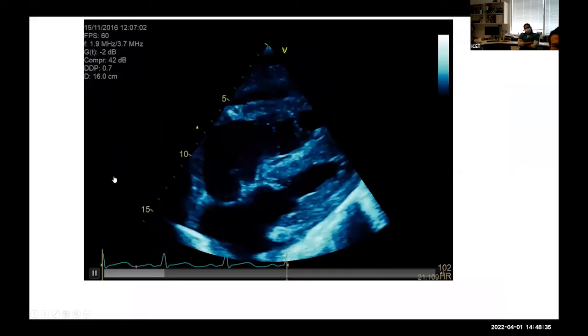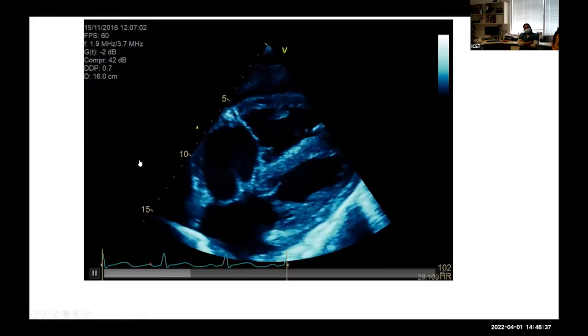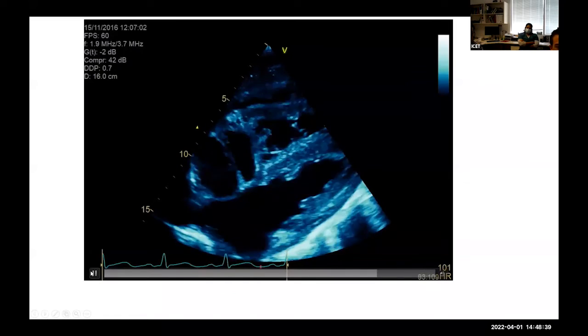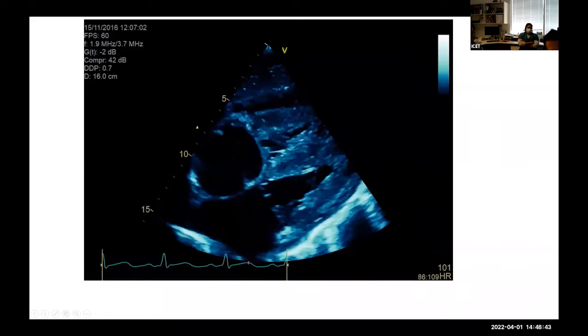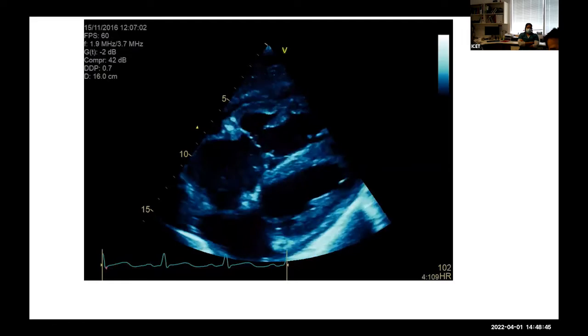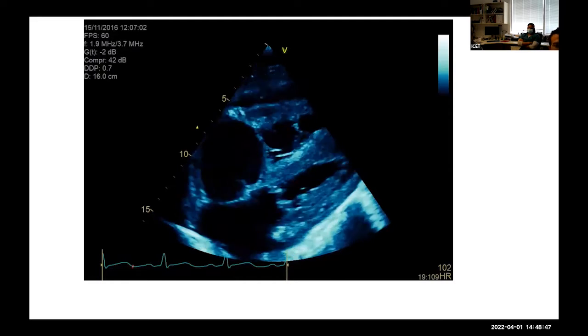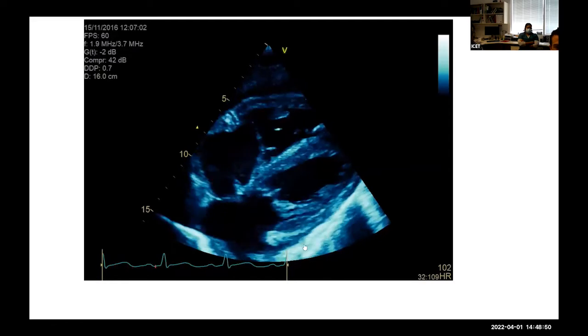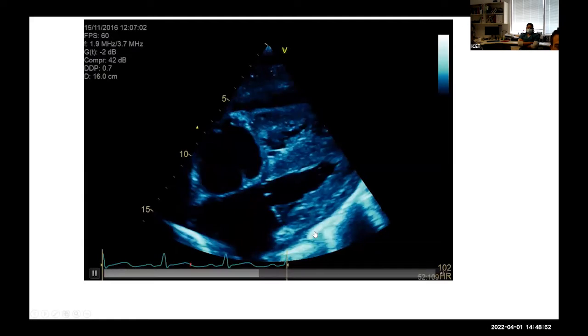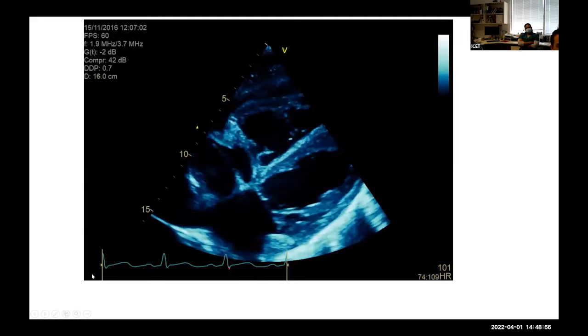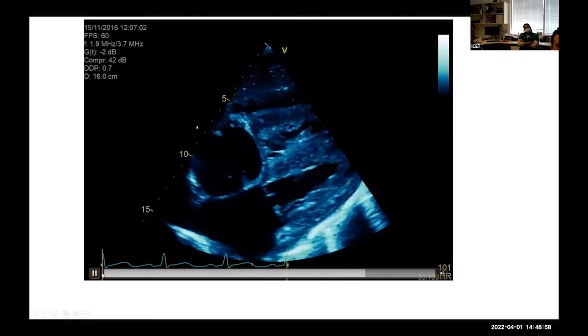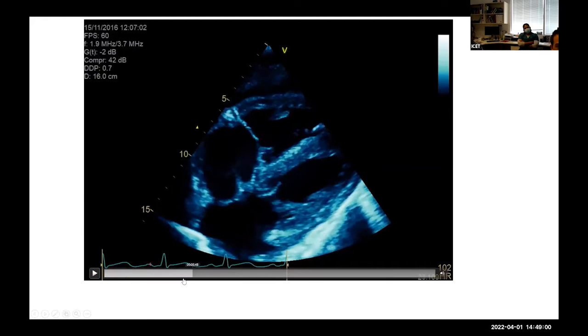So I'm now looking at a subcostal four-chamber. I'll let it play. The most striking feature here does appear to be some right atrial and certainly right ventricular collapse. I can't appreciate left ventricular or left atrial significant diastolic or systolic collapse in this view. I'm going to pause it so I can get the timing right.